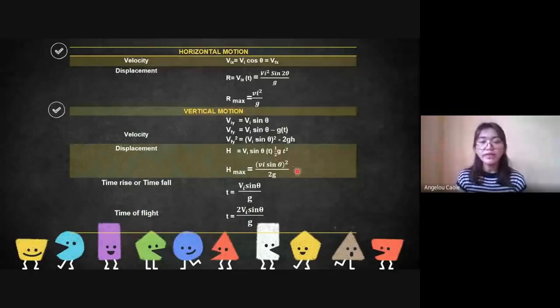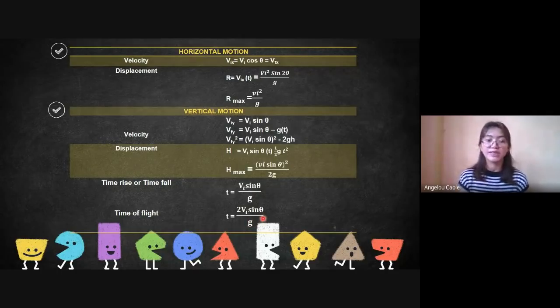We can also use this for the maximum displacement, (V_i sine theta) squared over 2g. And for the time of rise or time of fall, we have V_i sine theta divided by g. And for the time of flight, we have 2 V_i sine theta over g. So those are our formulas for the second condition.